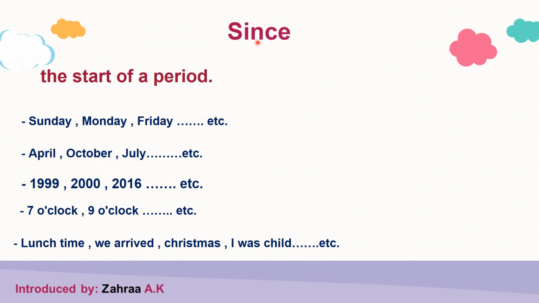For days of the week: since Sunday, since Monday, since Friday, etc. About the months: since April, since October, since July, etc. يعني بعدها يكون الشهر بالتحديد. About years: since 1999, 2000, 2016. منذ 2016 منذ 2000 ومنذ 1999، مدة واضحة محددة.